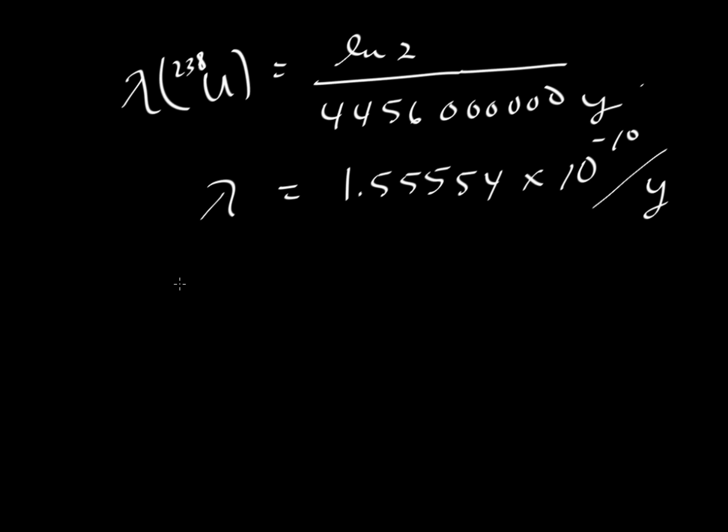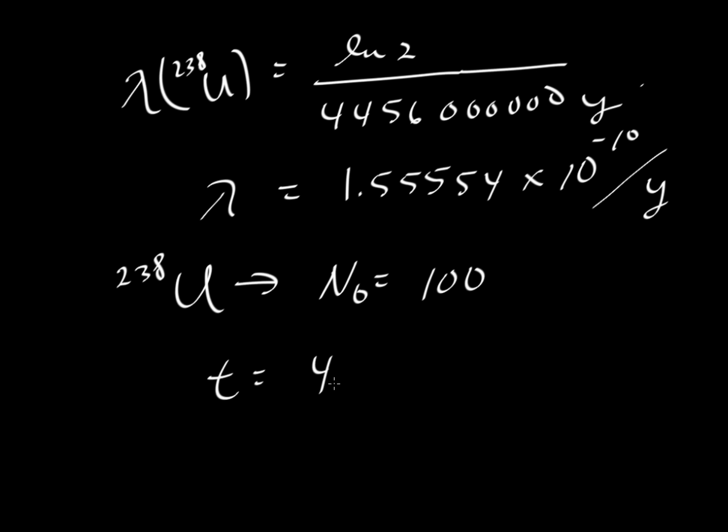So what if we have the case where we have uranium-238 and we have an initial number of atoms that is equal to 100? Well, if we wait one half-life, if t is equal to 4.456 billion years, or Ga, then the number of atoms we would have left, the N, would be 50.